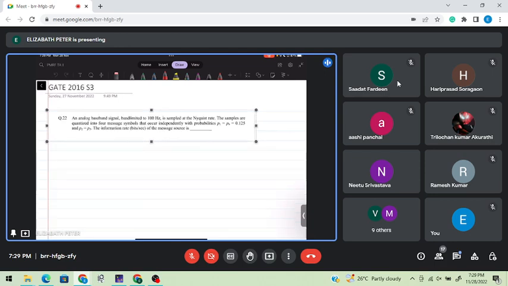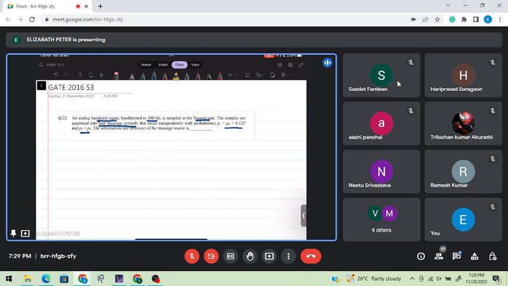Okay, so the question says an analog baseband signal, band limited to 100 Hz, is sampled at the Nyquist rate. The samples are quantized into four message symbols that occur independently with probabilities P1 equals P4 equals 0.125 and P2 equals P3.